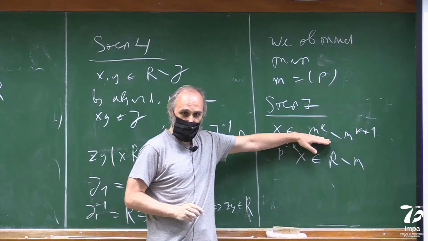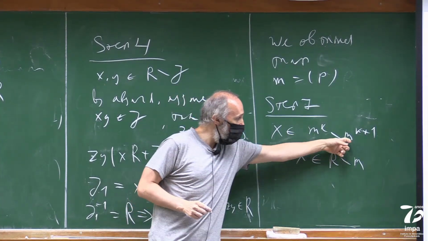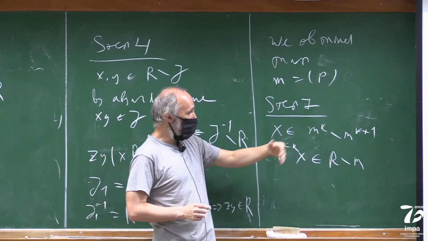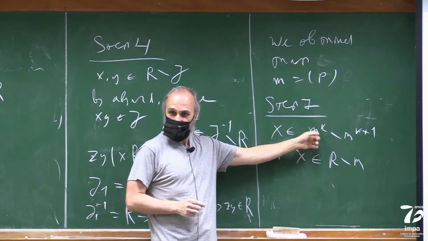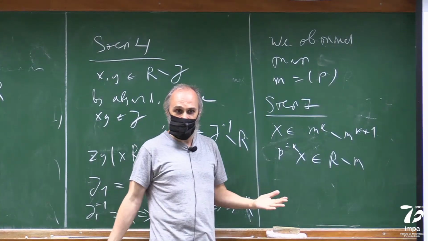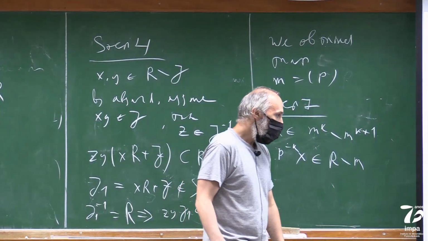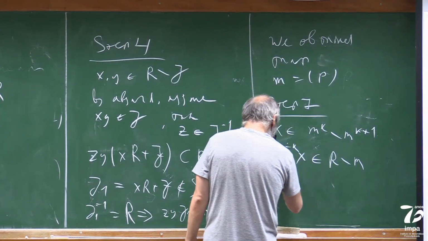I just take this module and I multiply it by m^(-k). And this becomes m, and this becomes R. We just use m^(-1) m is equal to R, and we do it k times. Okay, so this is invertible.